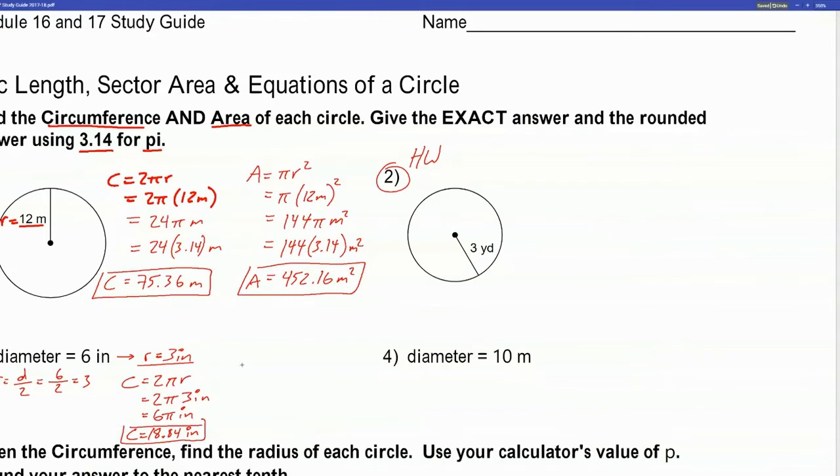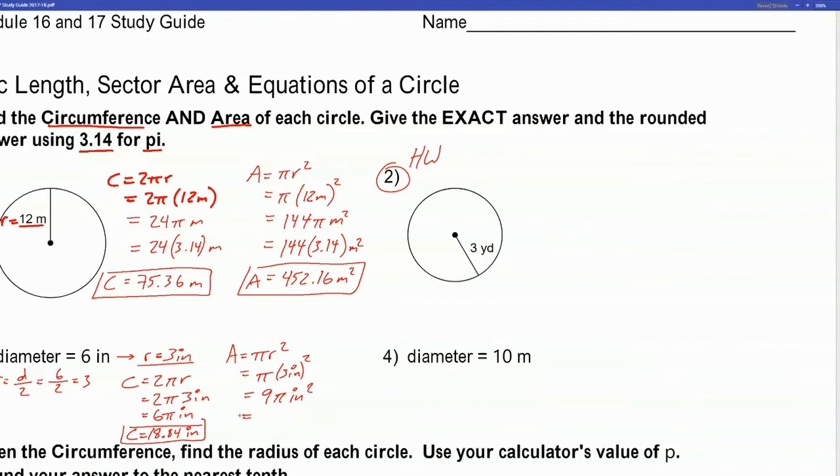And then let's deal with area. Same formula, but your radius is 3 inches. Don't forget, when we're dealing with area, your units will be squared. So you're going to have 9 pi square inches.